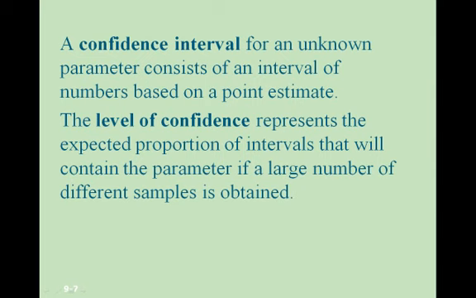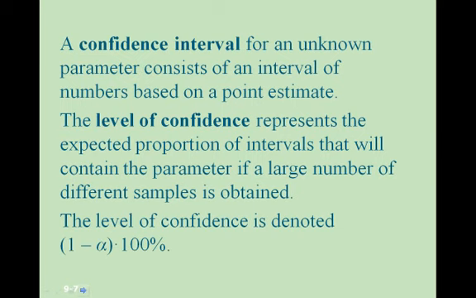And we use a level of confidence. This represents the expected proportion of intervals that will contain the parameter if a large number of different samples is obtained. The level of confidence is denoted as (1 minus alpha) times 100%. So it's typically given as a percentage.